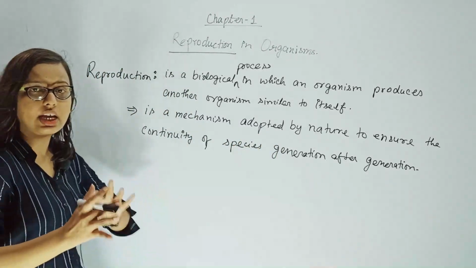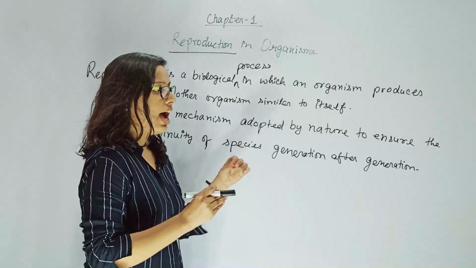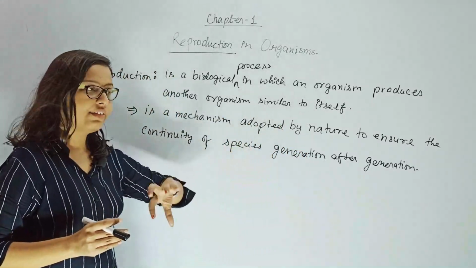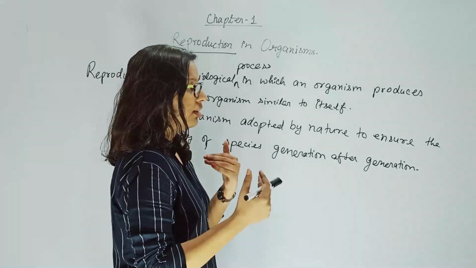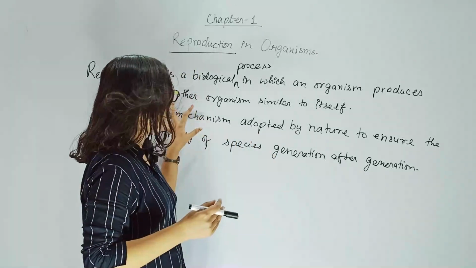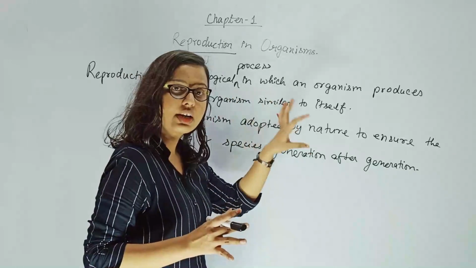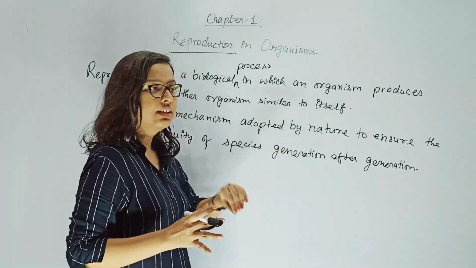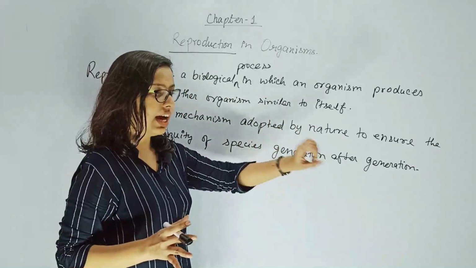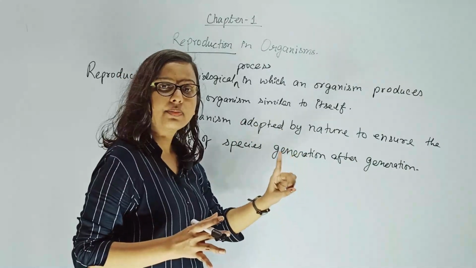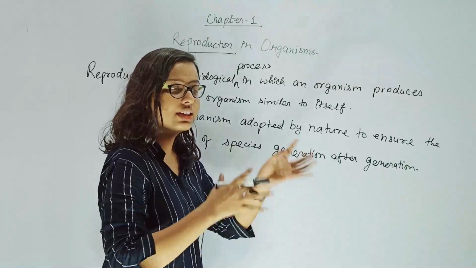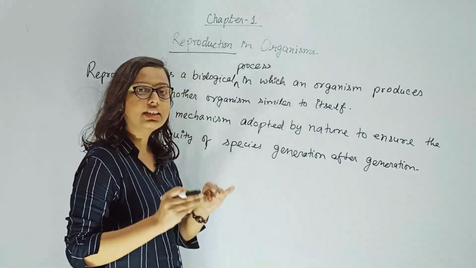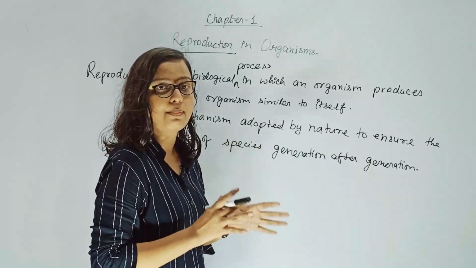After a certain period of time, after completing its lifespan, the dog will die. If reproduction does not exist, then when that one individual dies, there is no other dog on this planet Earth. But mother nature does not want this to happen.